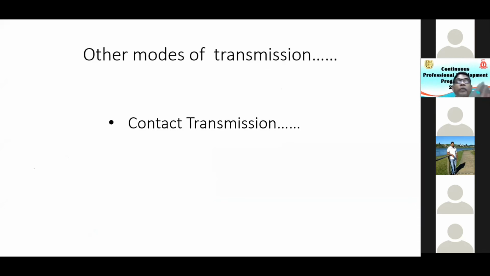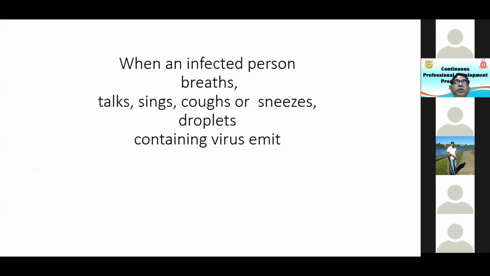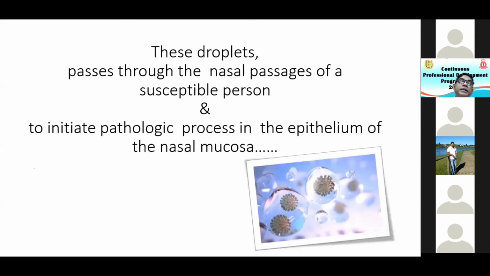The other modes of transmission are contact transmission and aerosol transmission. We will discuss droplet transmission. When an infected person breathes, talks, sings, coughs or sneezes, droplets containing virus will be emitted to the outside environment. Once these droplets pass through the nasal passages of a susceptible person, they will initiate the pathologic process on the epithelium of the nasal mucosa.